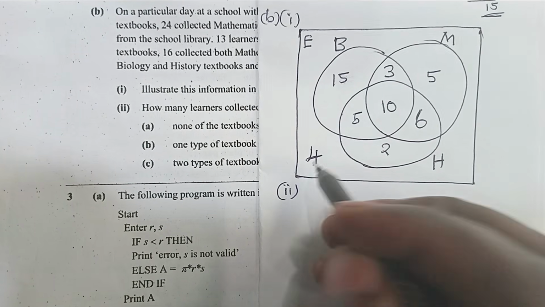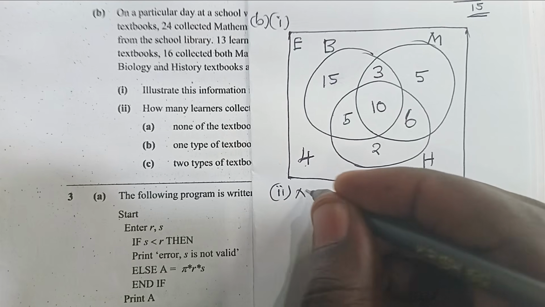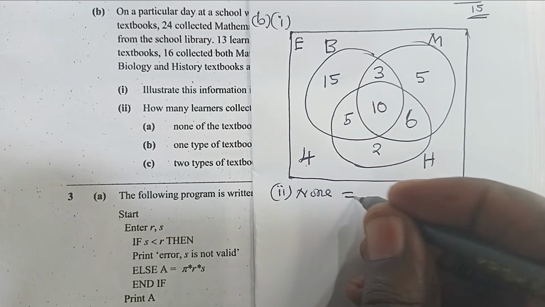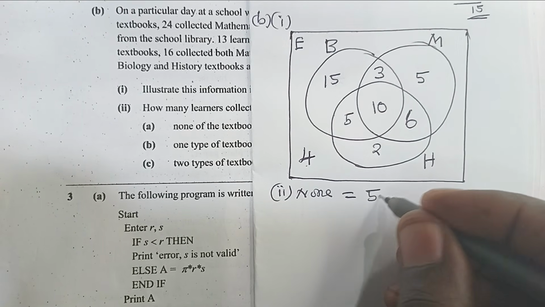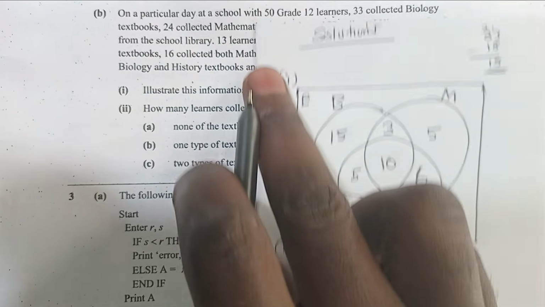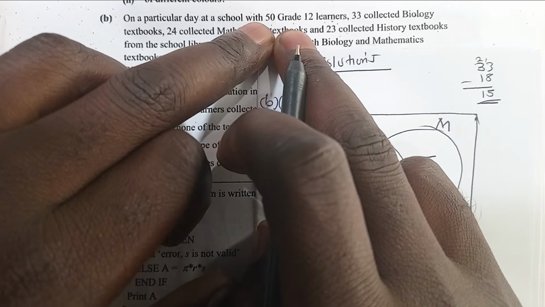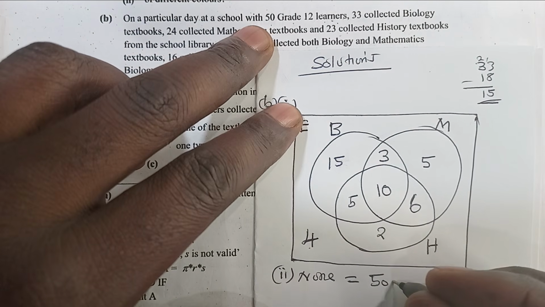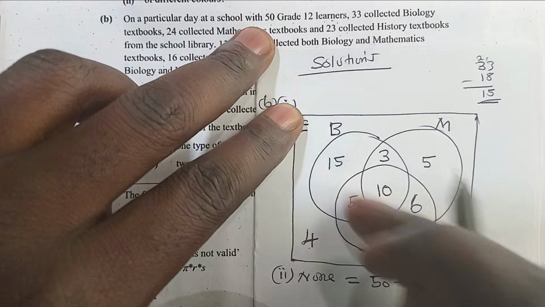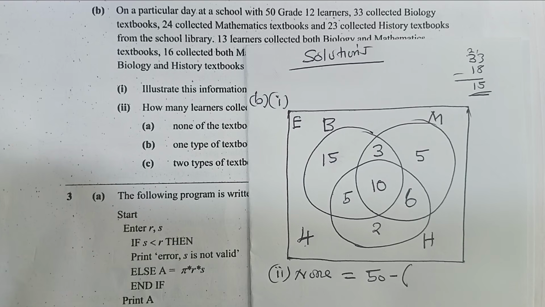And for that, we are saying those that collected none, we simply say the 50 that was given in the question, we subtract the sum of all these that we have.